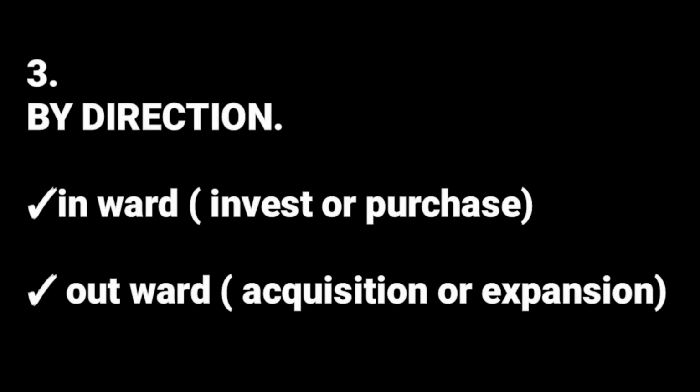Then another type of foreign direct investment is by direction. And by direction, we have inward and then outward. Inward is when the investors decide either to invest or purchase. Like if you go to another country, you decide whether to just invest in that new thing and come up with your own, or to purchase from other people.